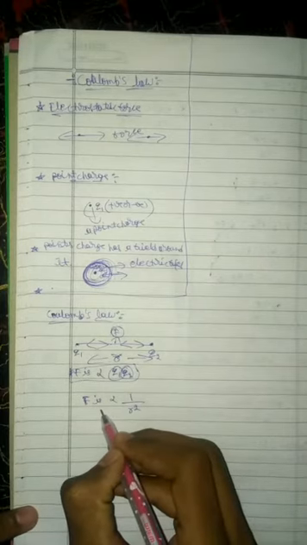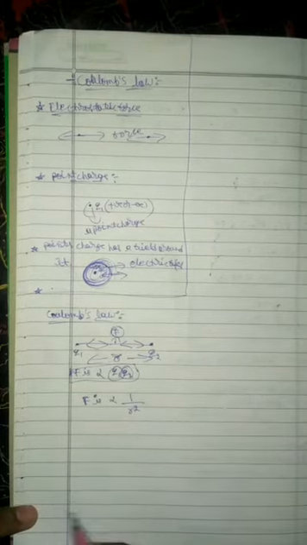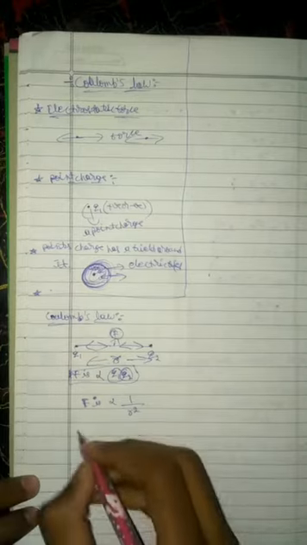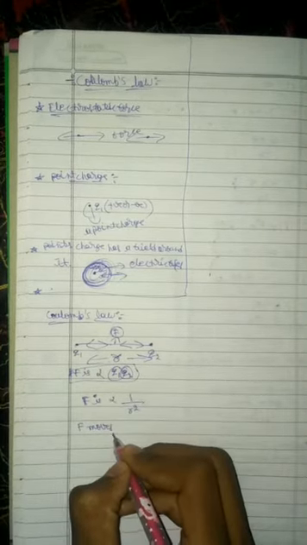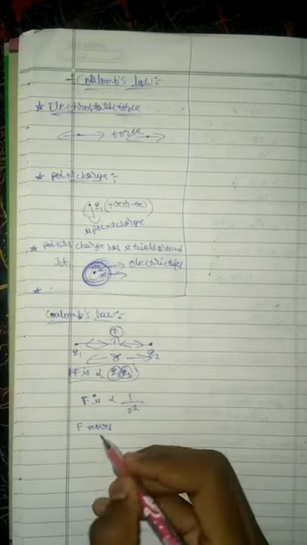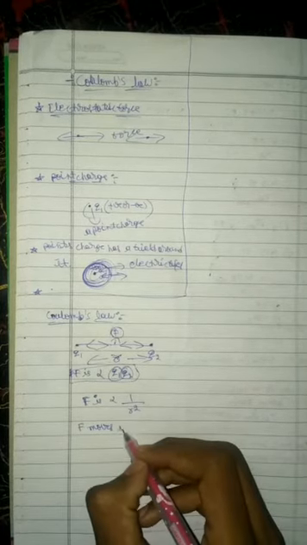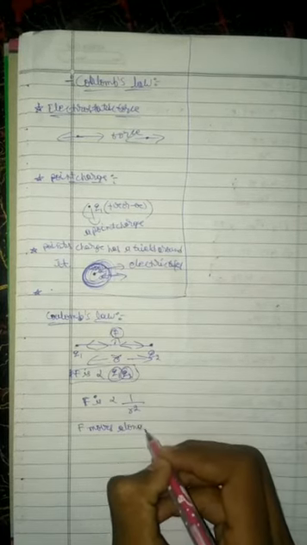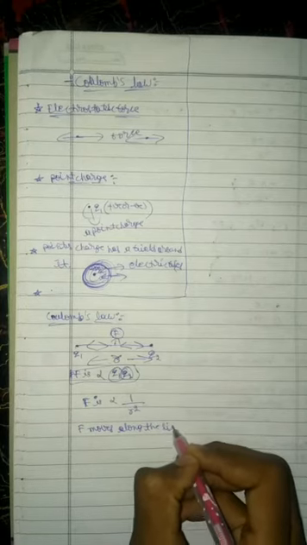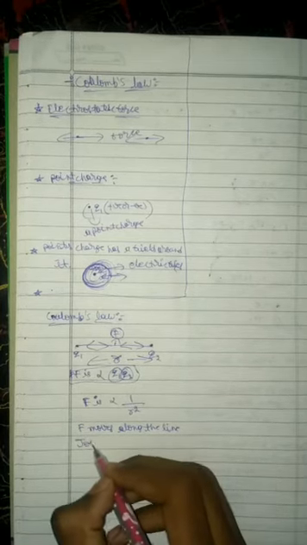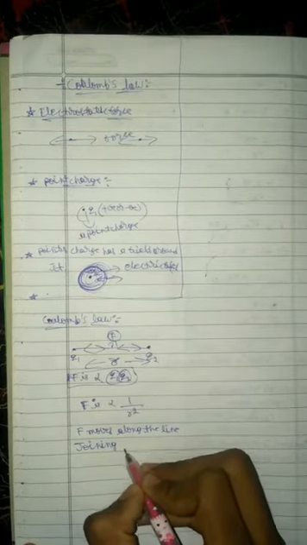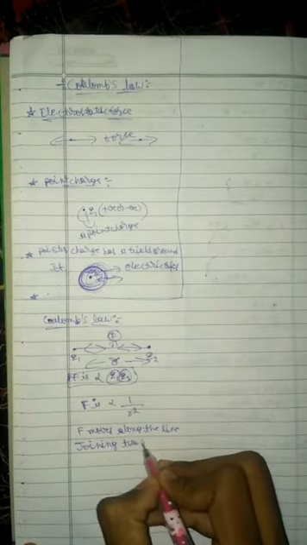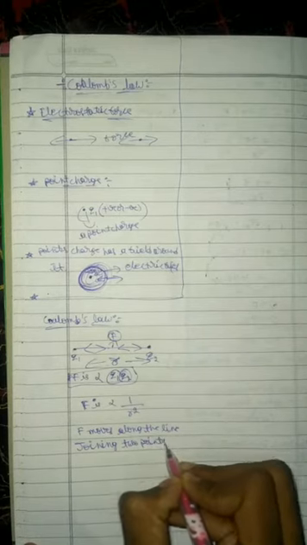F is inversely proportional to the square of the distance between them, and F acts along the line joining the two charges. So this is the statement of Coulomb's law. I hope you understood, guys.